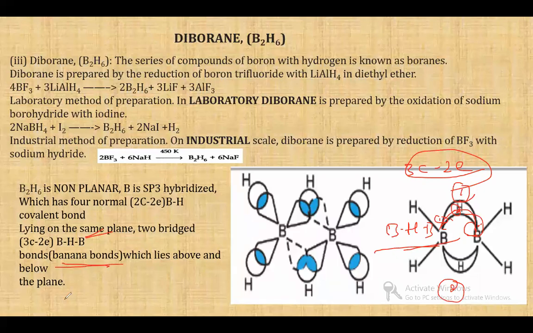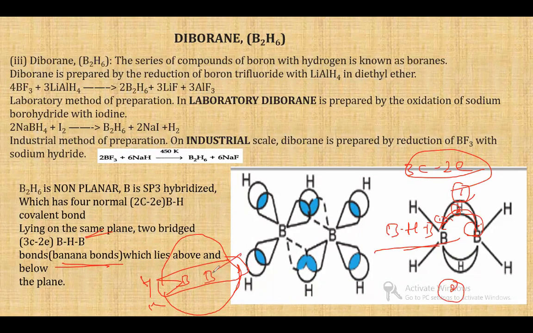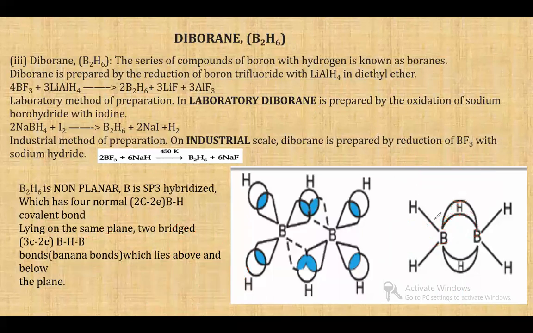There are banana bonds which lie above and below. If the rest of the boron and hydrogens are in the plane, then the bridged hydrogens are above and below the plane. So there are the three center two electron bonds, four in the plane and two above and below the plane.